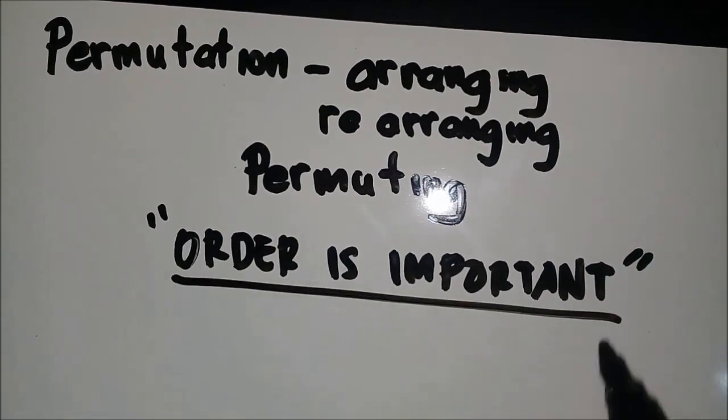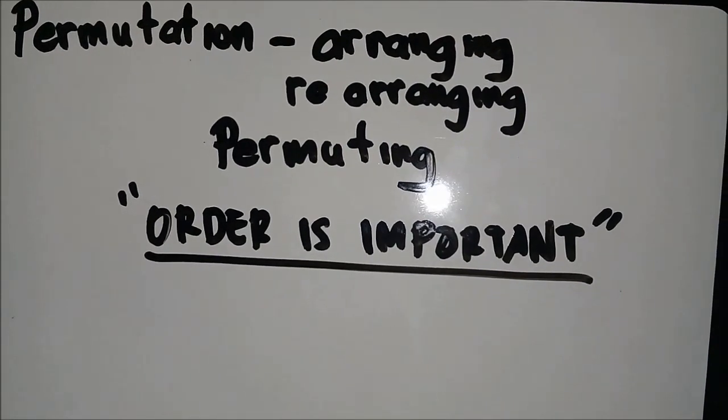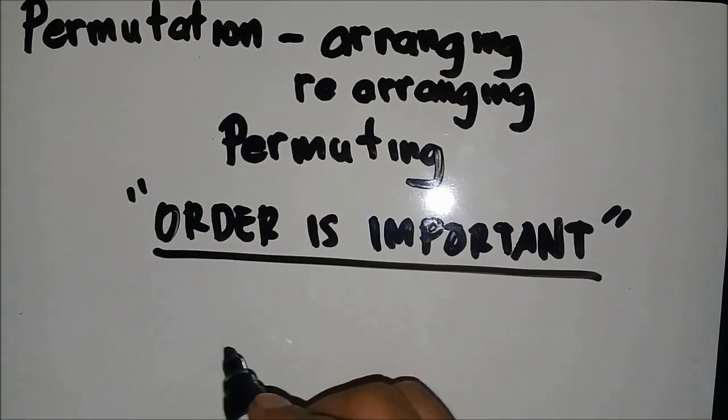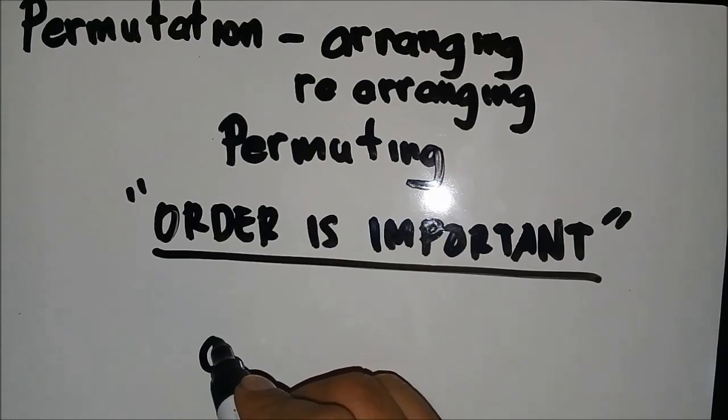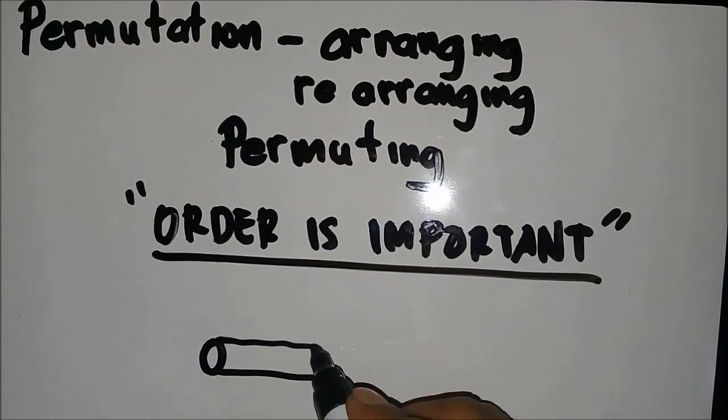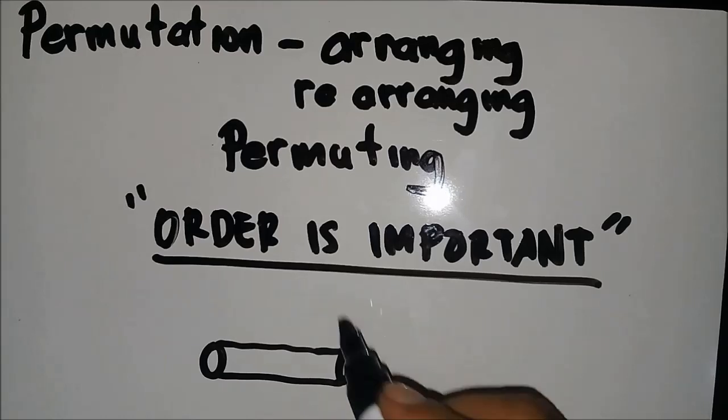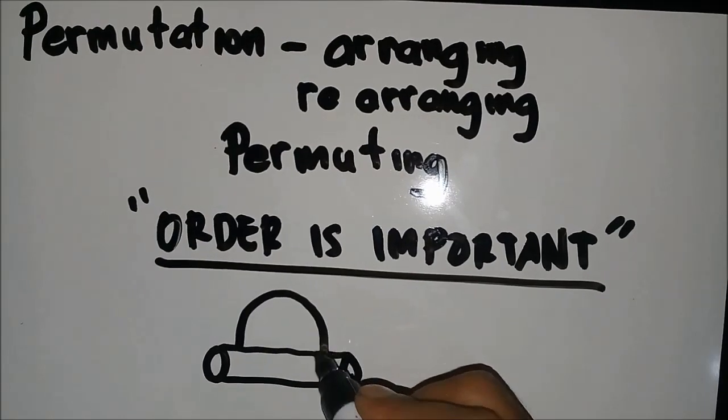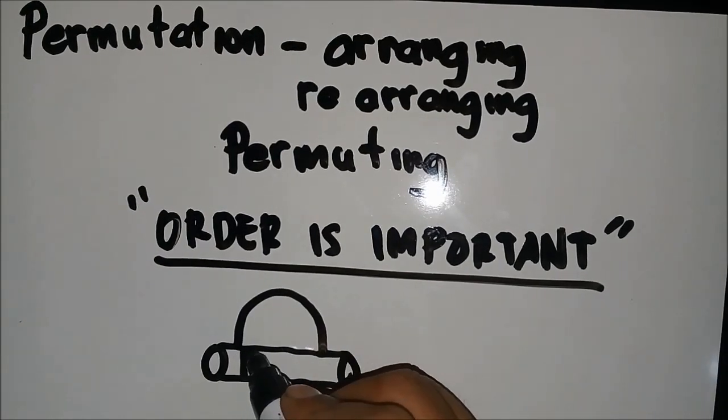Let us say, for example, the very famous combination lock set that we are seeing in the market. It goes something like this. There are some numbers here.